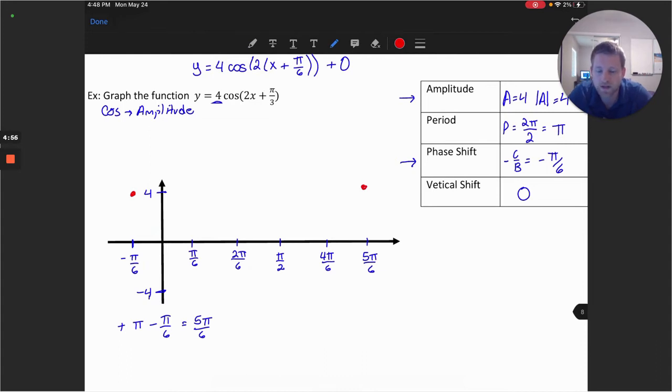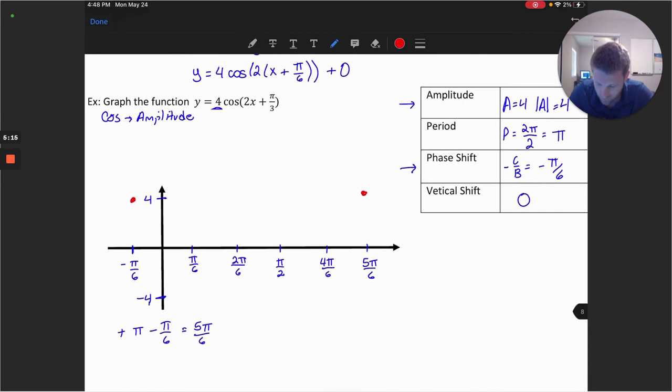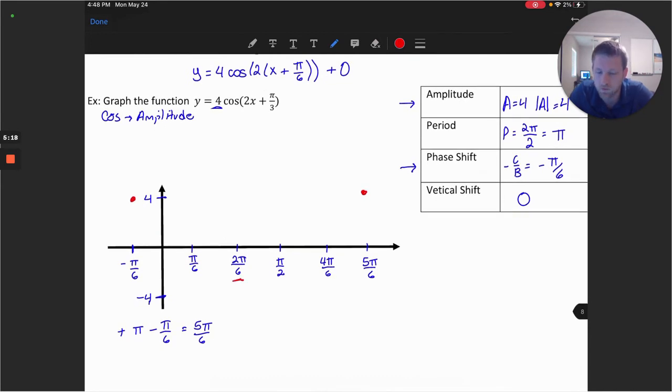If I consider what is the midway point between 5 pi over 6 and negative pi over 6, we could say that is going to be 2 pi over 6, or pi thirds. So right in between these, we're going to hit the midpoint there.